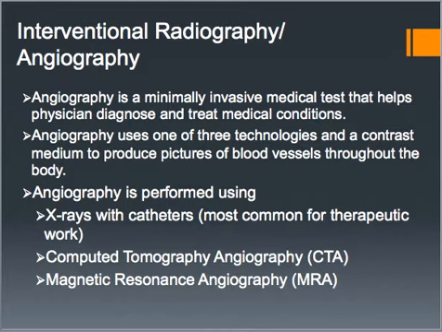So angiography is just simply a minimally invasive medical test that can help doctors diagnose and treat different medical conditions. So angiography uses either x-ray, especially for the therapeutic work, or it can use CT and MR. Remember when we talked about, especially in CT and MRI, we talked about CTAs, computed tomography angiography, or MRAs, magnetic resonance angiography.